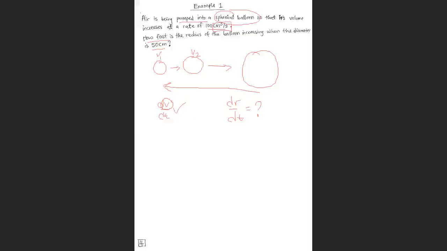All right. So let's go to the solution quickly. If you look at the solution there, I'll just change the color quickly. The first thing you notice here is I tell you that the rate dV/dt is 100.